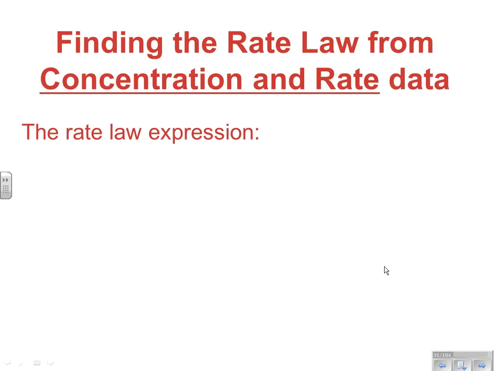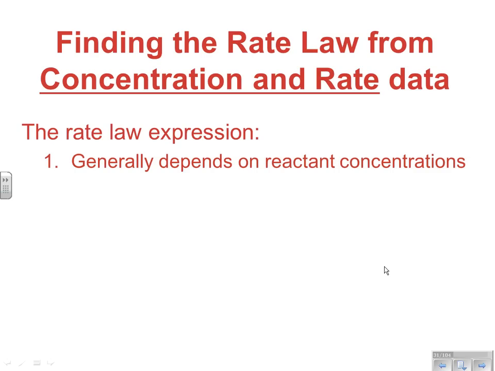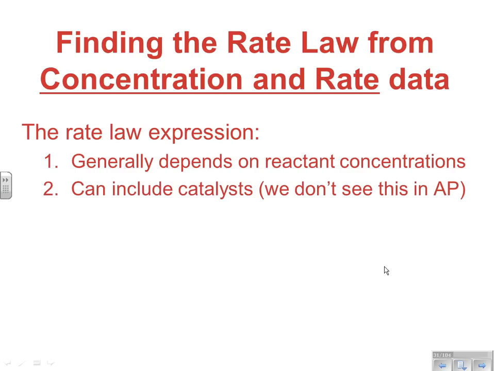Now to find the rate law, you basically have to have concentration and rate data. So if you ever see a data table and you look at the data table and you see it has concentrations and it has initial rates, 100% of the time you're going to be doing differential rate law stuff. You're going to be deriving the rate law expression and maybe calculating K. So the rate law expression generally depends upon the reactant concentration. So you're going to be zeroing in on how changes in the reactant concentration affect the initial rate.